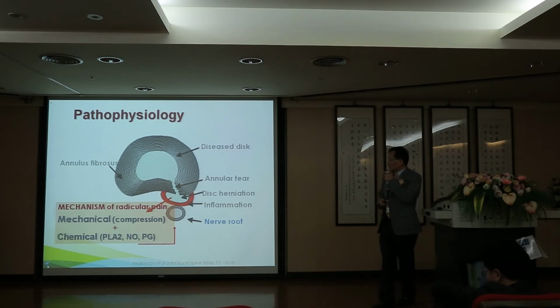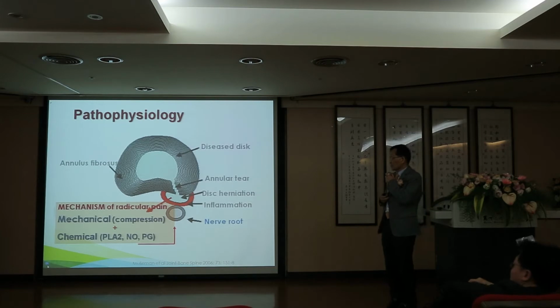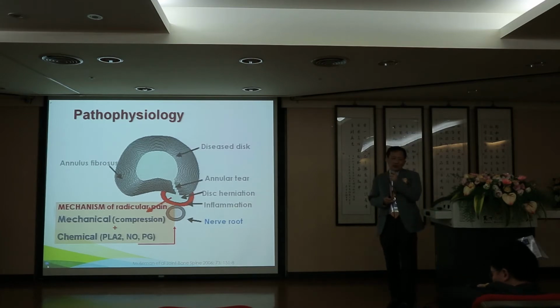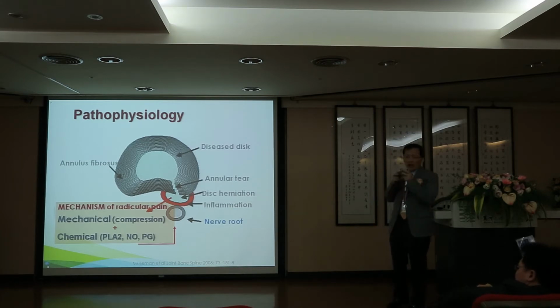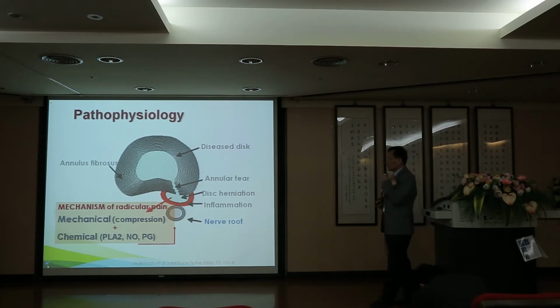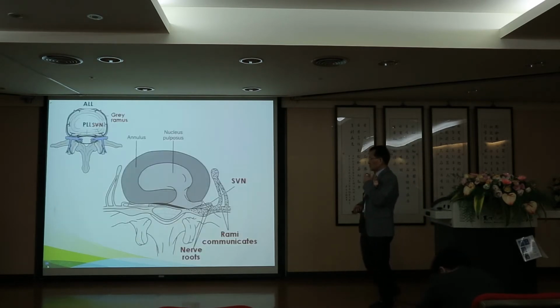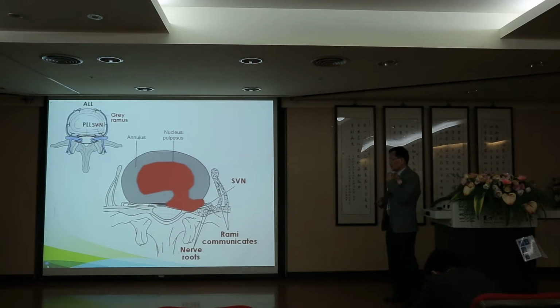As you know, lumbar radicular pain can be caused by mechanical and chemical factors. Today I'm going to focus on the chemical factor. Some large disc herniations cannot cause any symptoms, and symptoms and size of disc do not correlate with each other. This is a herniated disc.